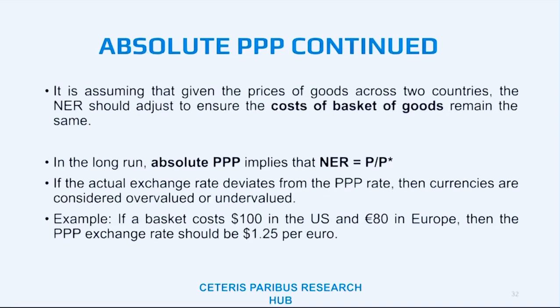the ratio of prices, which is P over P star, or the nominal exchange rate should be equal to P star over P. Regardless, it should always be the same. So if there is any deviation of the purchasing power parity rate from the actual exchange rate, then it means either the currency is overvalued or undervalued.